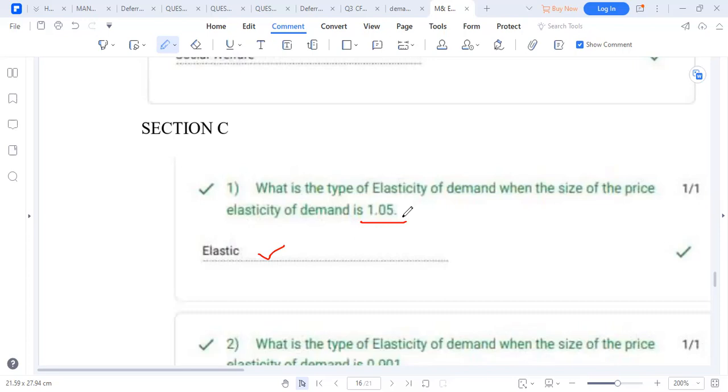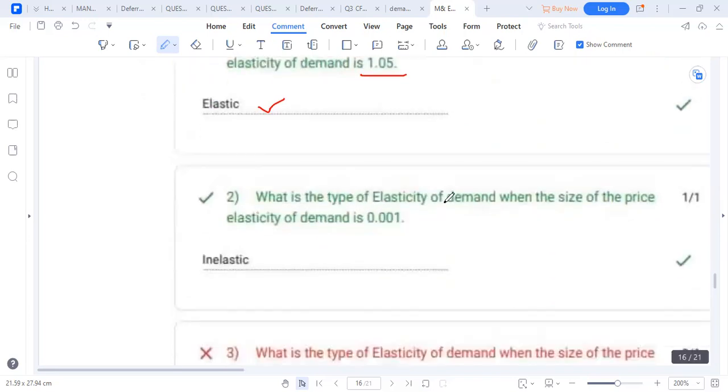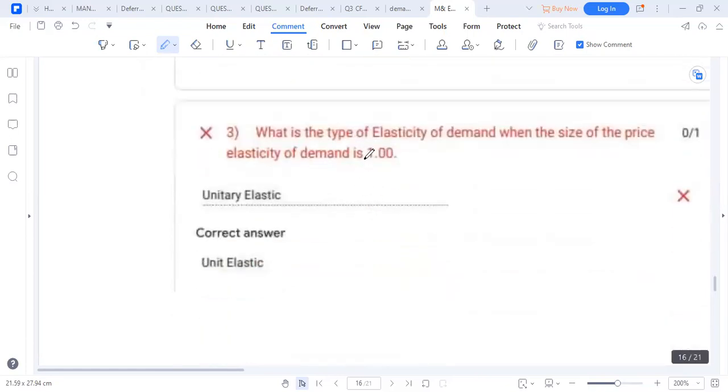It is elastic. If it was 0.05, it would be inelastic. When the price elasticity is 0.001, this is inelastic. What type of elasticity if it is 1.00? Unit elastic. When it's exactly 1, this is unit elastic.